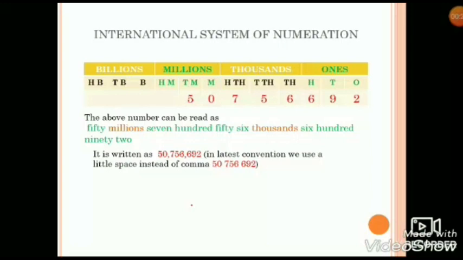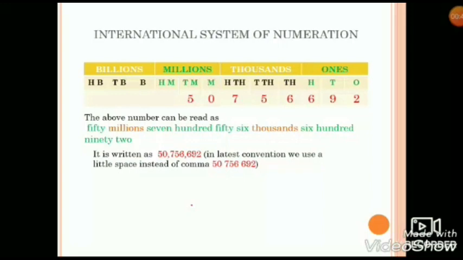Like within the thousands there are also ones, tens and hundreds: thousands, 10,000s and 100,000s. And within the millions also million, 10 million, 100 million. Similarly in the billions part: billion, 10 billion and 100 billion.